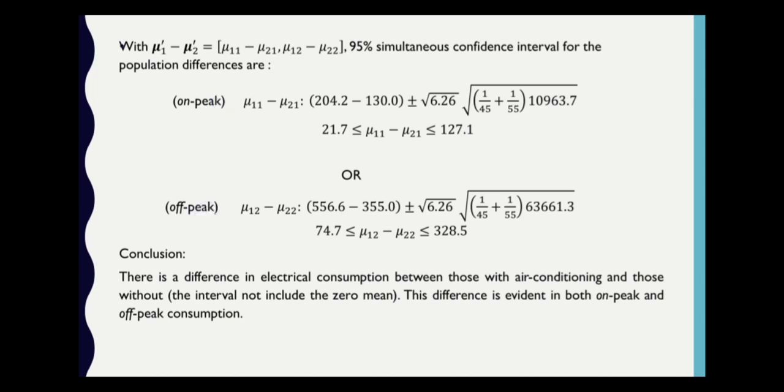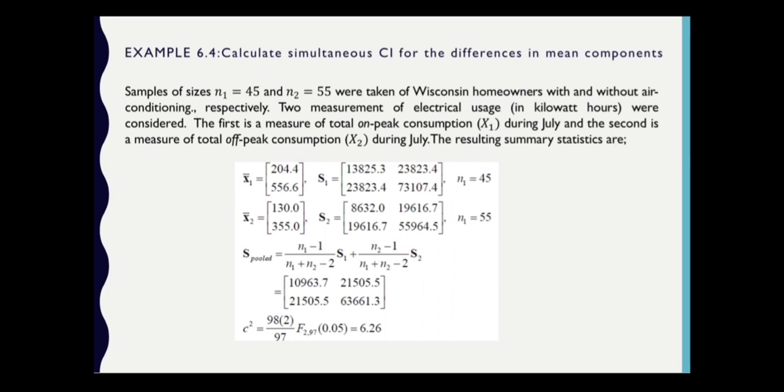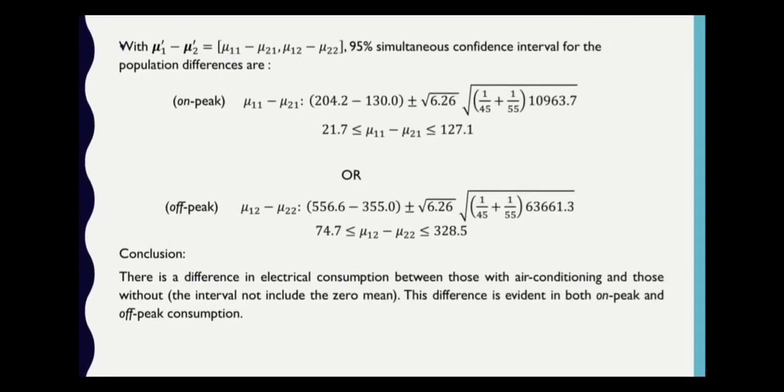Okay, for the first variable, we use the information sebelum ni. 204.2 minus 130, means that 204 adalah mean untuk first variable for first population. 130 mean untuk first variable for second population.